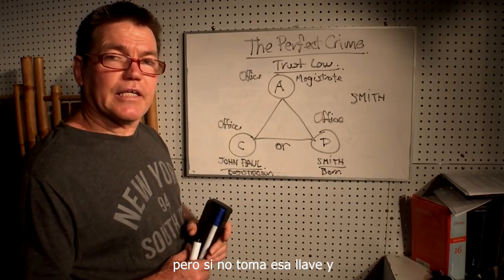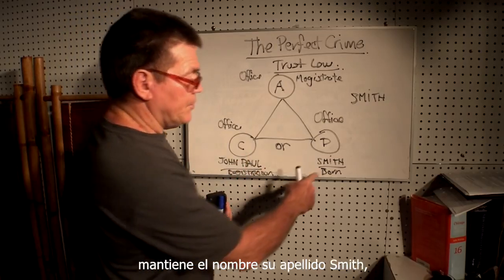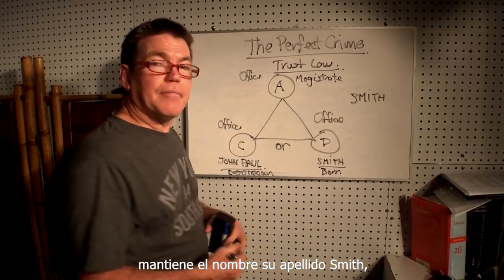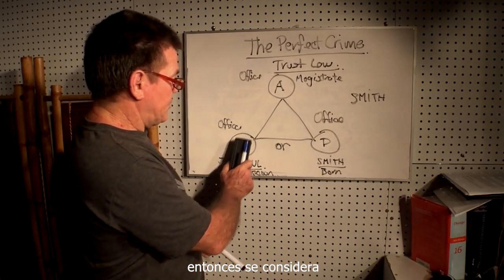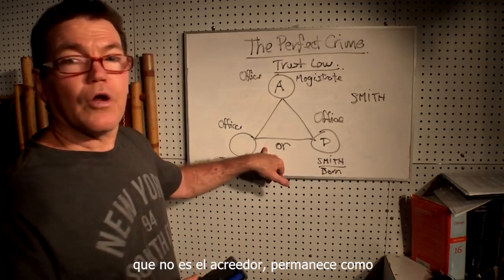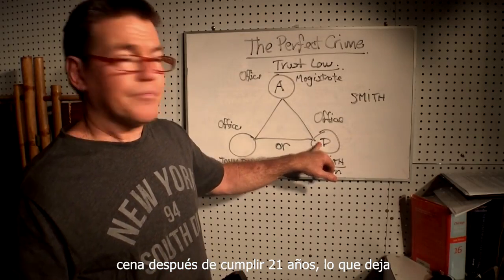But if you don't take that key and you don't work out what you're doing, and you maintain the name, your surname, Smith, then you are deemed to not be the creditor. You remain as the debtor after you turn 21.